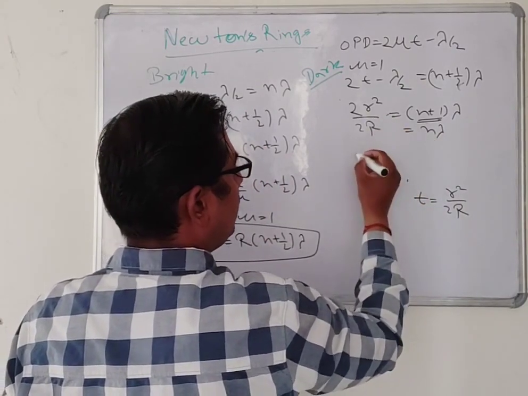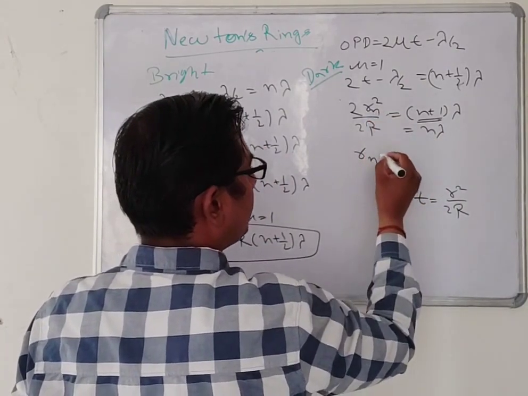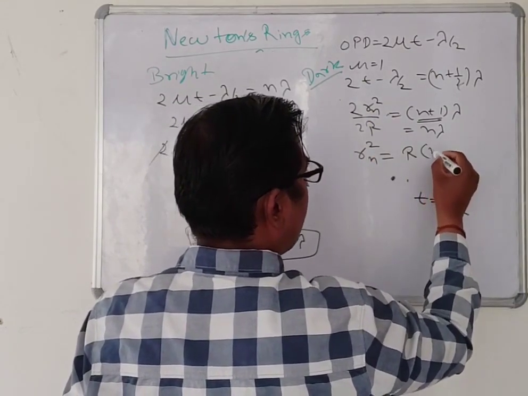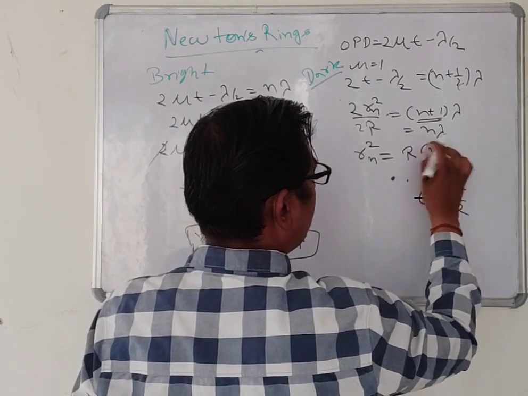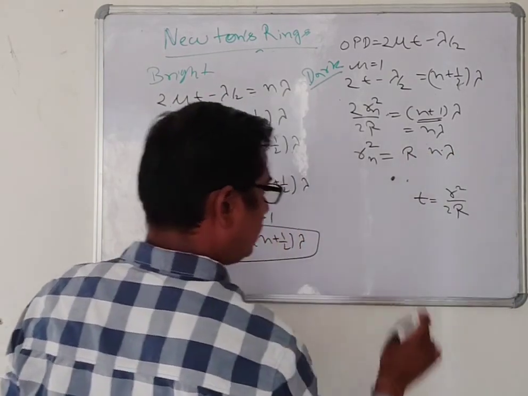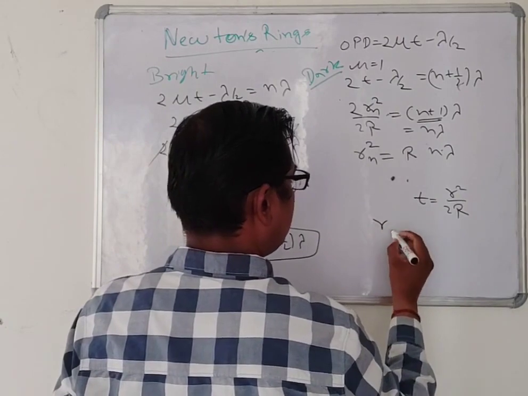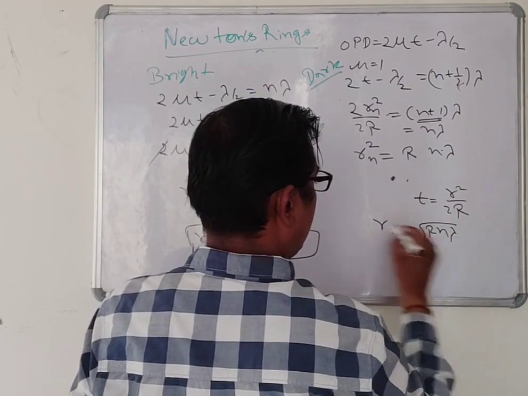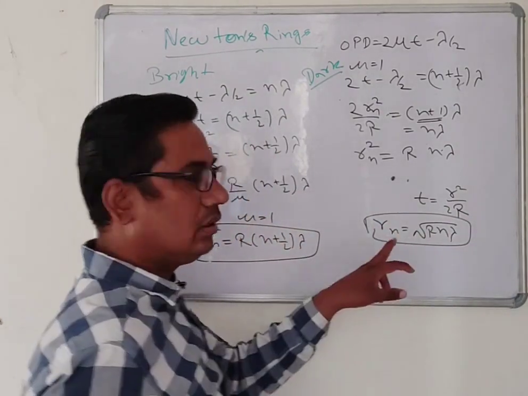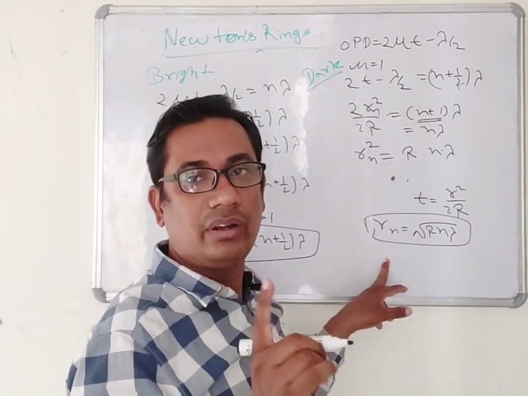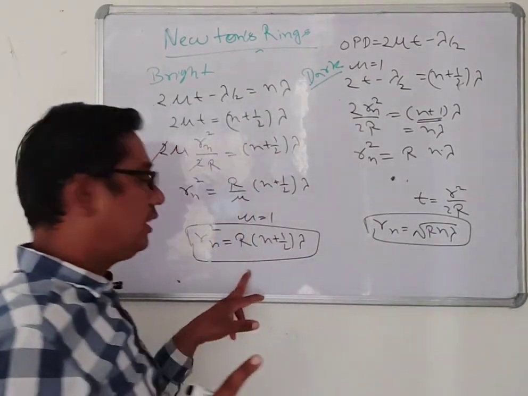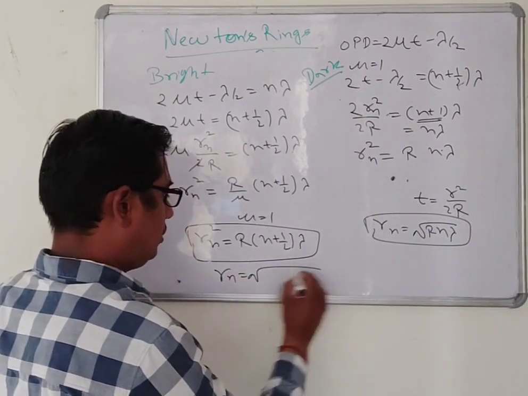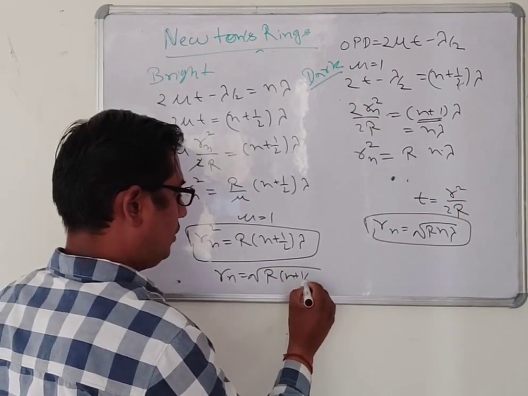Now you will get r n square is equal to R n lambda. The final answer is r n is under root R n lambda. This is the radius for dark fringes. This one is the radius for bright fringes: under root R (n plus half) lambda.